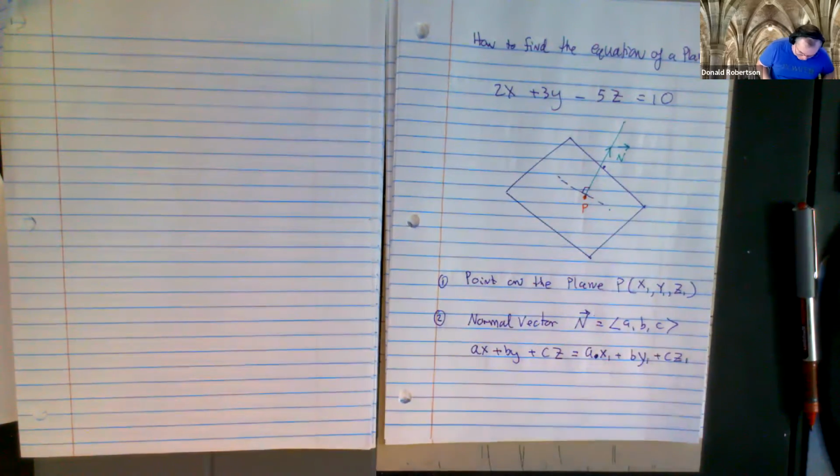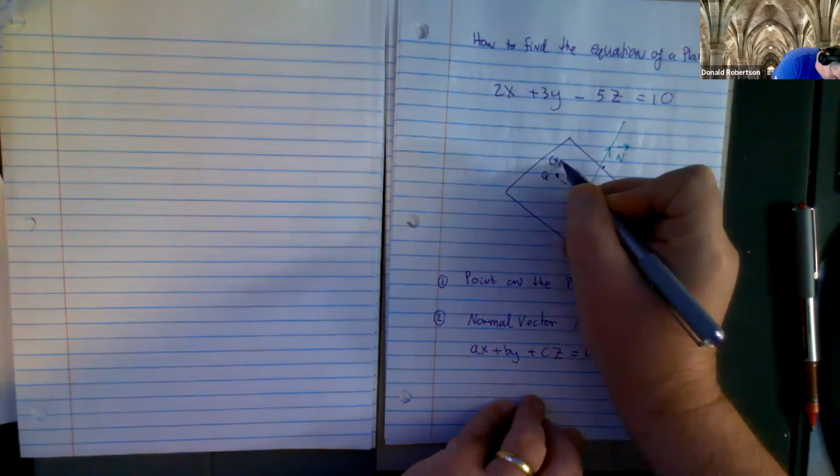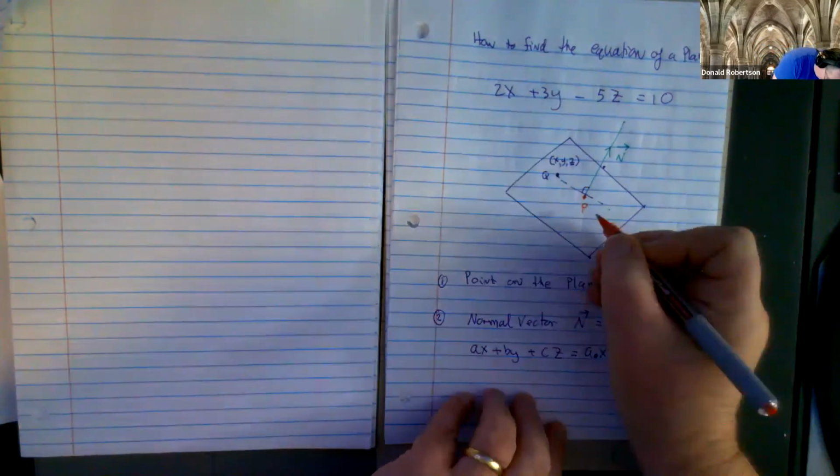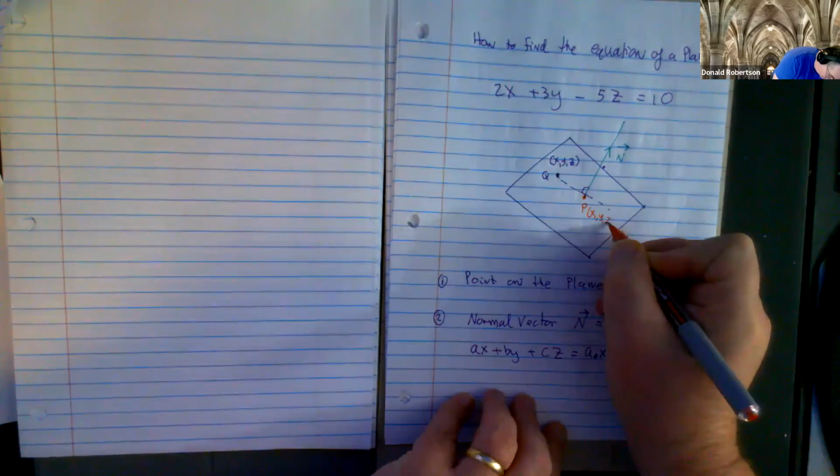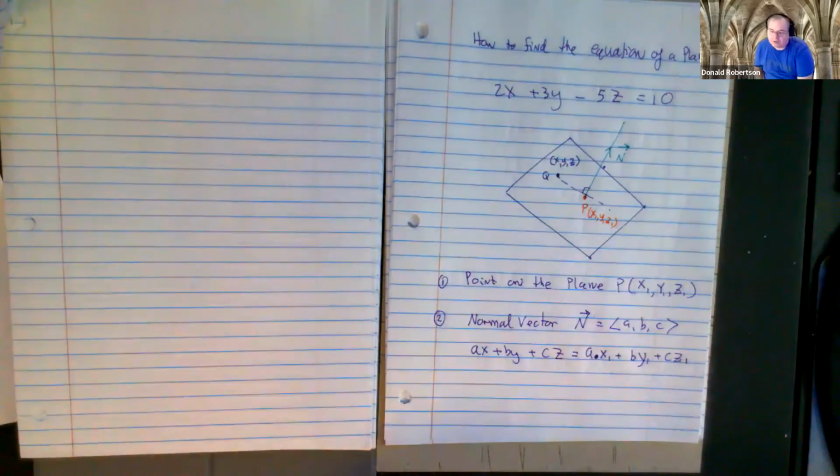Let's prove it to you. Don't get an opportunity to prove things a lot. Let's pick a point Q on the plane. Any point at all, so I'll call it x, y, z. I know who P is. He's going to be called x1, y1, z1. So far, so good.